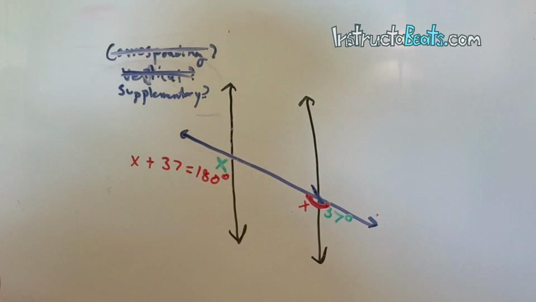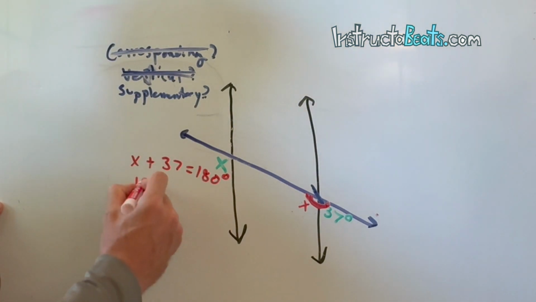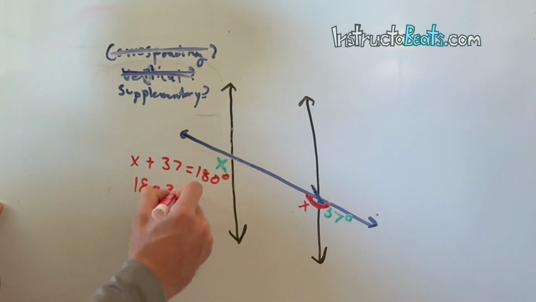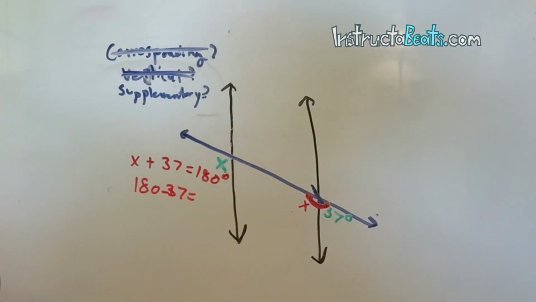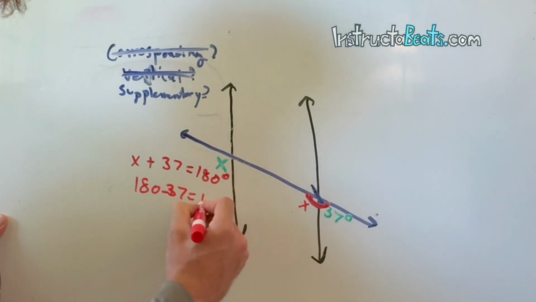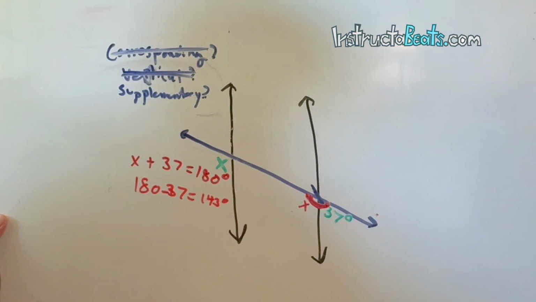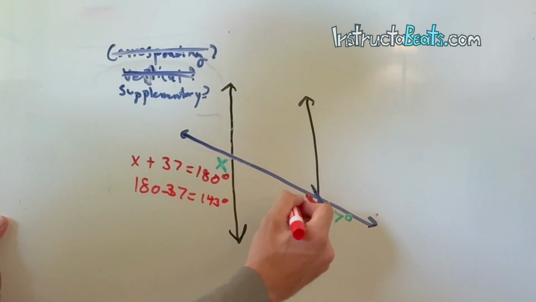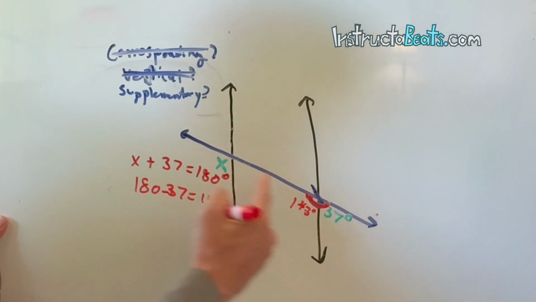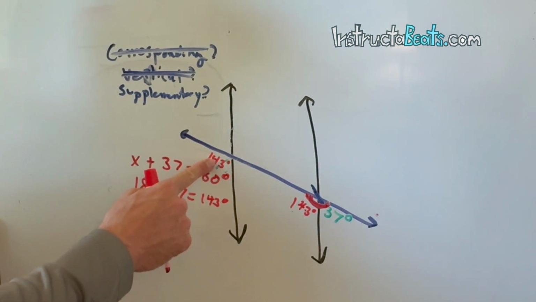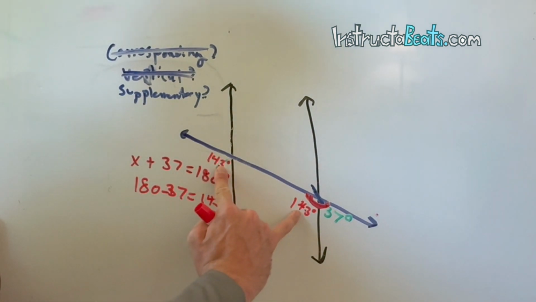So all we have to do is use our fact family knowledge and do 180 minus 37, because addition and subtraction are inverse operations of each other. And I see that this angle is going to have to be 143 degrees. So X is going to be 143 degrees over here, which means this one's going to have to be 143, because these angles right here were corresponding.